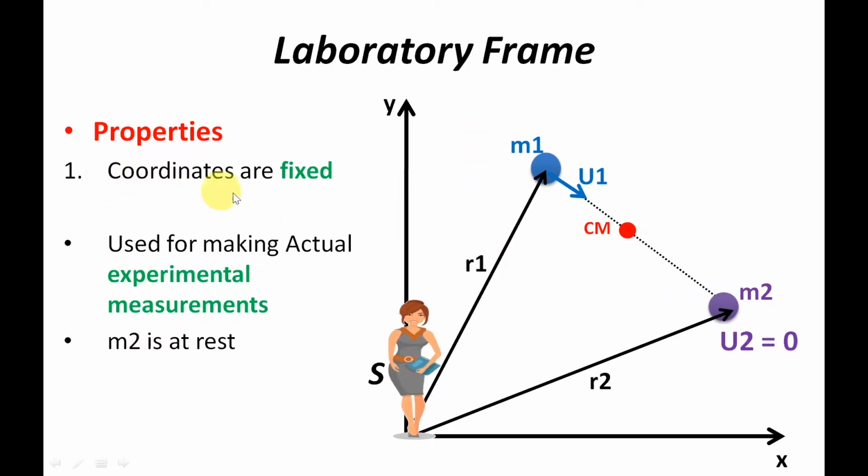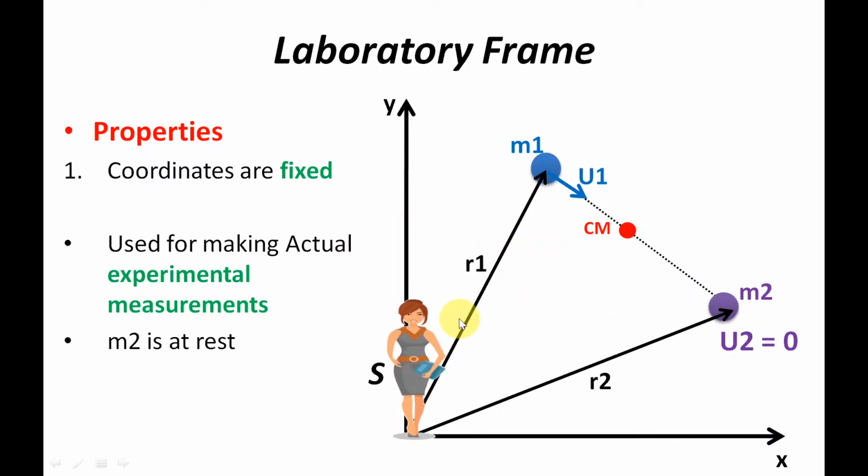So the coordinates are fixed. This is the one and only condition, used for making actual experimental measurements. As I discussed, this laboratory frame is quite handy because the coordinates only need to be fixed. This is the only property that a frame should fulfill to be called a laboratory frame of reference, so it is quite handy in the real world.